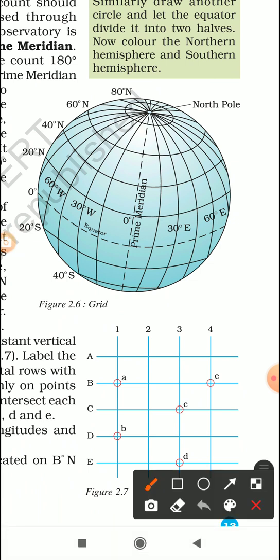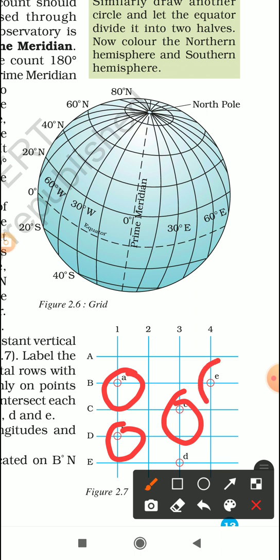For example, you can see in this picture A, B, C, E. These are all the locations of places. So it is with the help of the longitudes and the latitudes that we are able to find the precise or the exact location of a place.